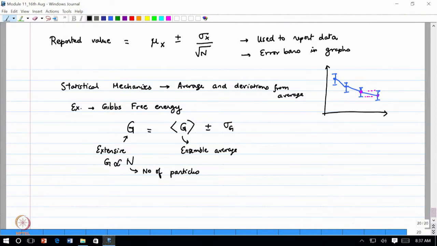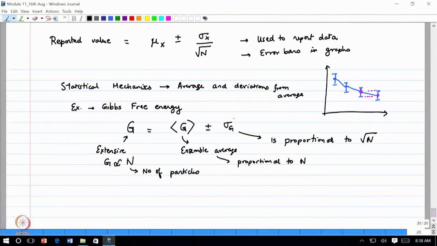So it turns out that this standard deviation is proportional to square root of n, whereas this is proportional to n.